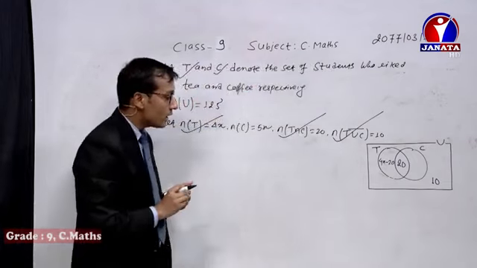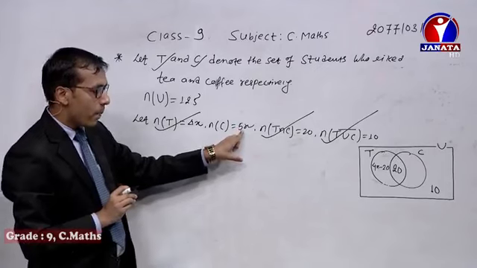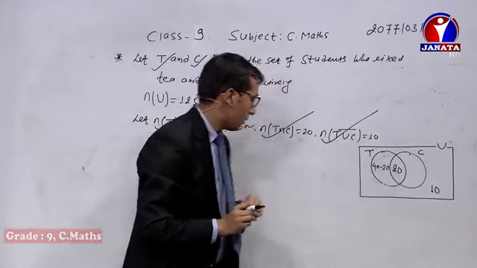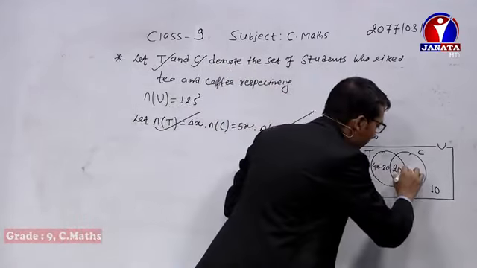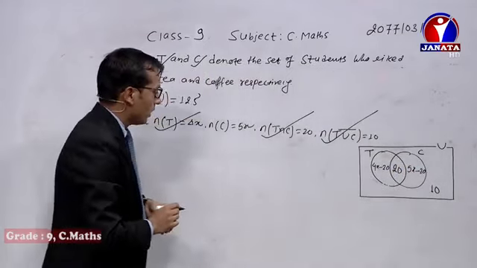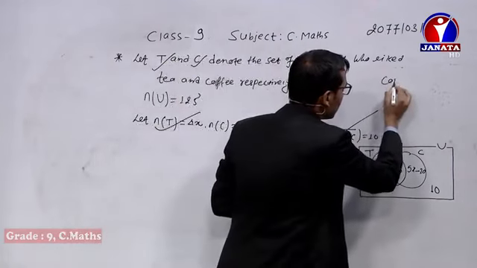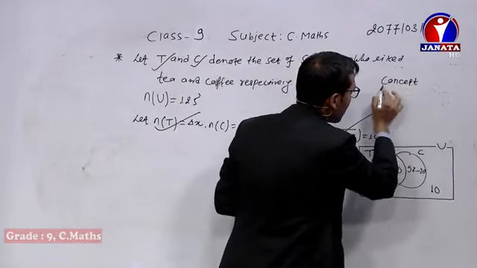Similarly, n only C is n of C minus the intersection. n of C is 5x, minus 20. Let's see here what the concept is for this.